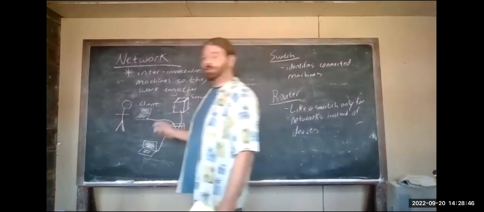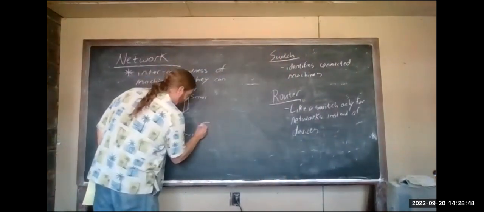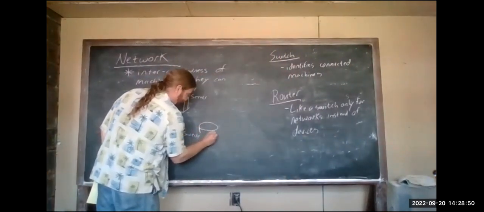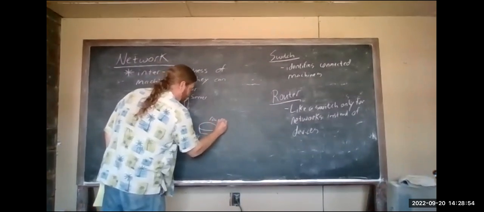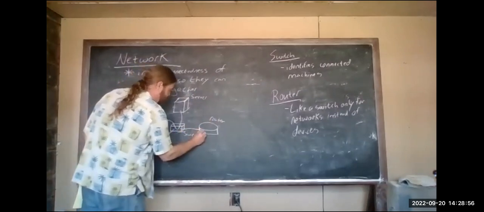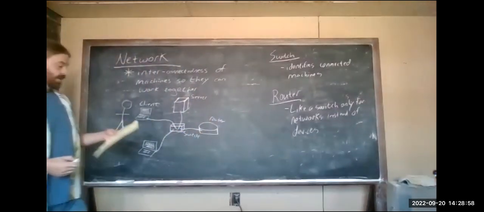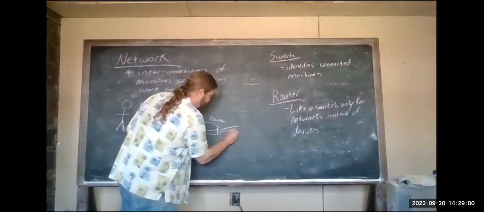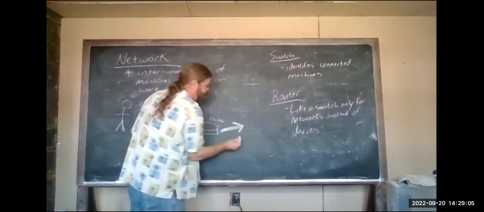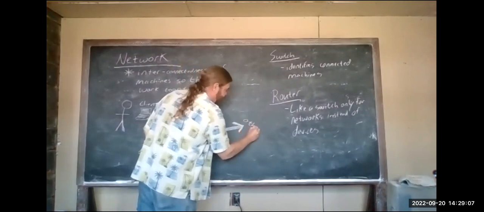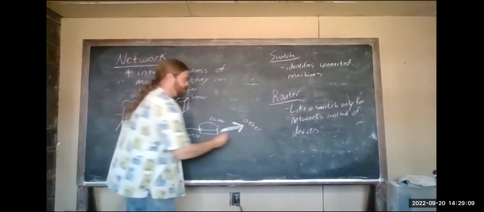So also connected to that switch is going to be this piece called a router. And the router does a similar thing to the switch, only it knows about other networks instead of other devices.